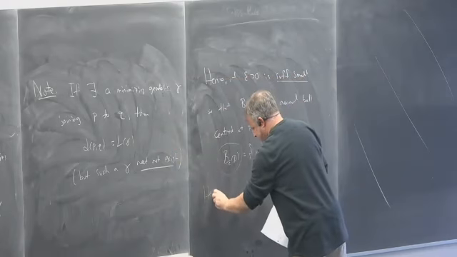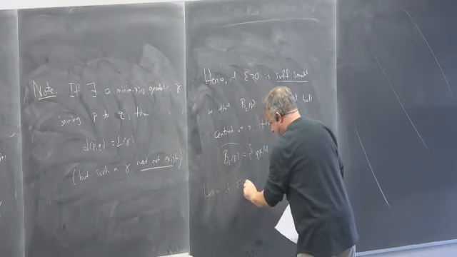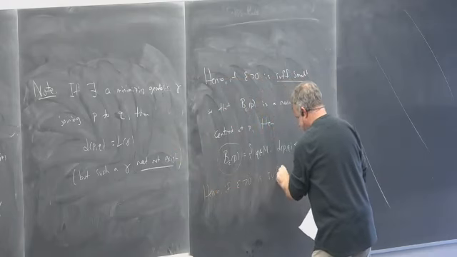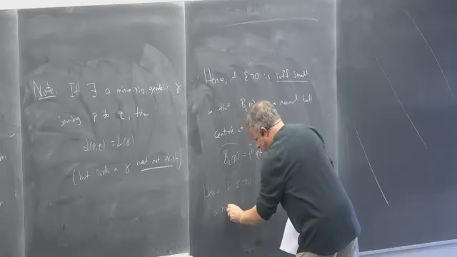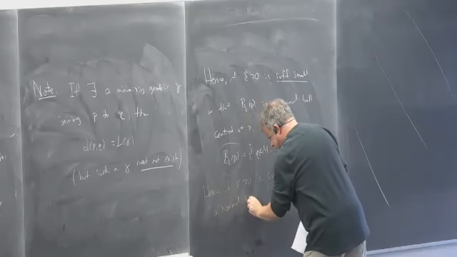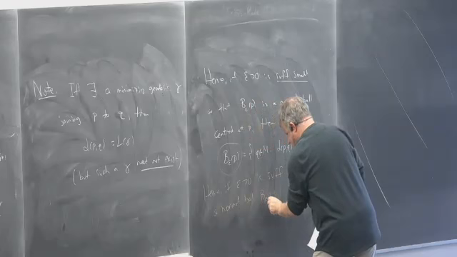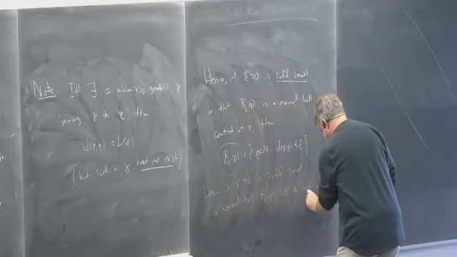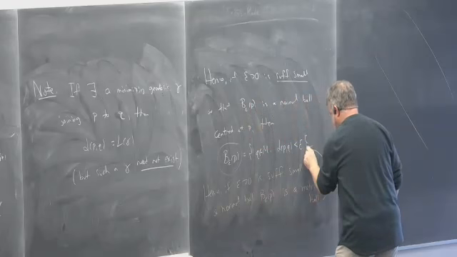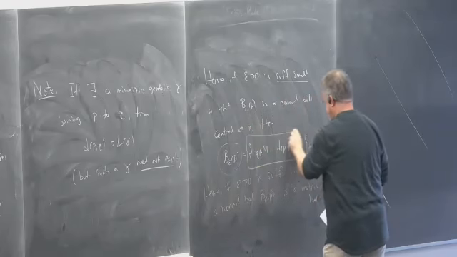So hence, if epsilon is sufficiently small, a normal ball, B epsilon P, is a metric ball. And by metric ball, I mean this right-hand side.